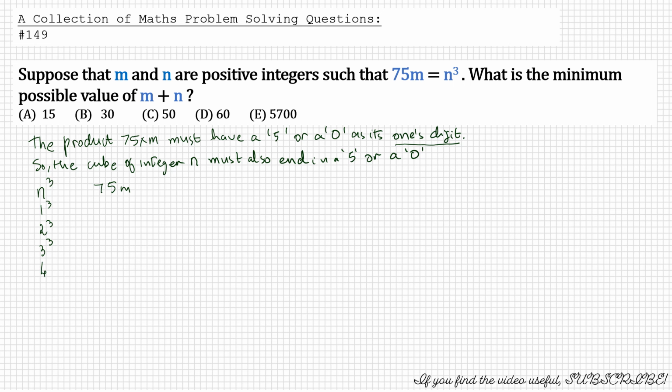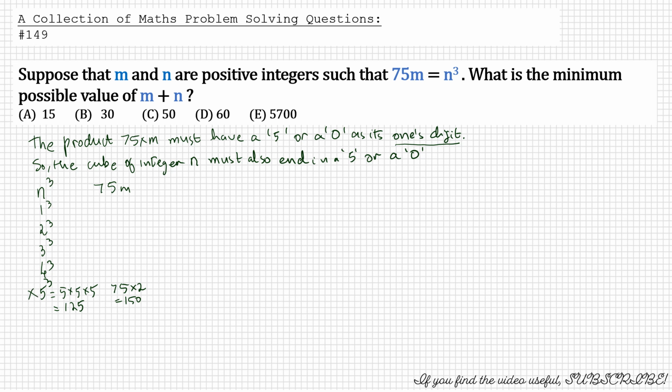So 4 cubed, no. 5 cubed equals 5 times 5 times 5, and that equals 125. And 75 times 2 equals 150. That's the closest. So it doesn't match. So it's not a possibility.